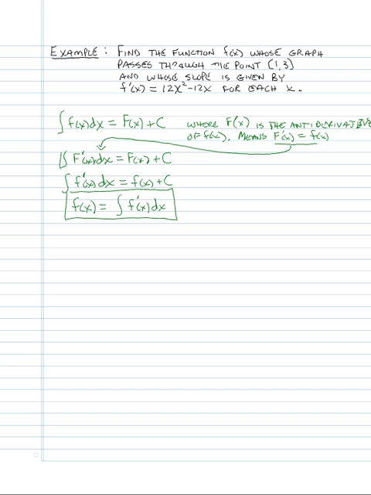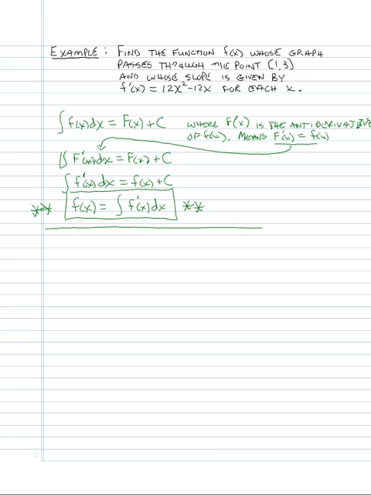To find the particular constant, to actually find lowercase f, we need more information, like a point that the graph passes through, so we'll know exactly what the constant of integration is. Let's get to our problem now.